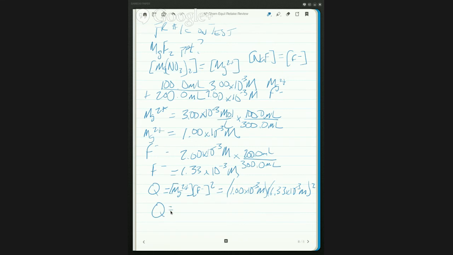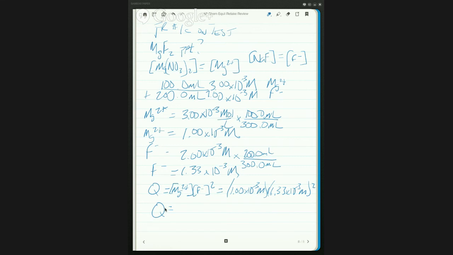So Q is, once I multiply these together, 1 times 10 to the negative third times 1.33 times 10 to the negative third. Oh, I forgot, I got to square that 1.33.